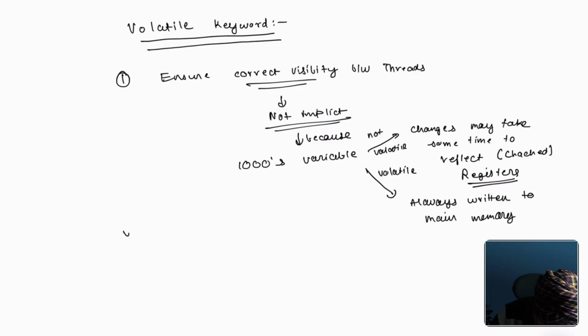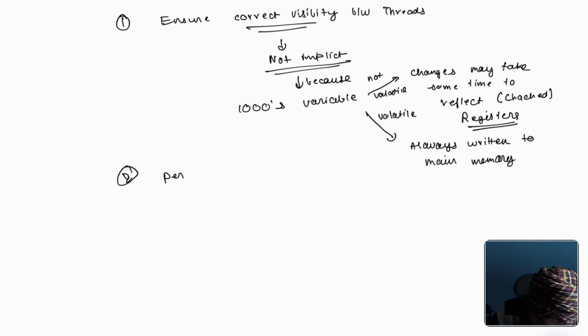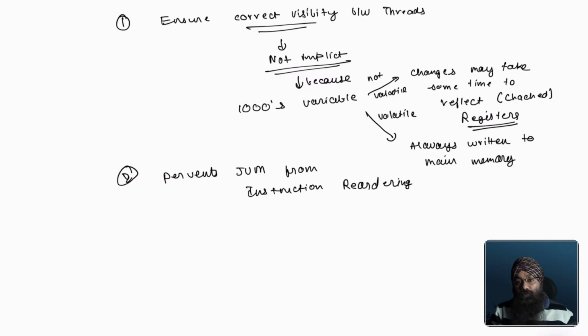And there is another: it prevents the JVM from instruction reordering. When the JVM reads the bytecode to create the machine code, it might do some instruction reordering. Suppose you have written instruction 1, instruction 2, instruction 3, it can do instruction 2, instruction 1, instruction 3.